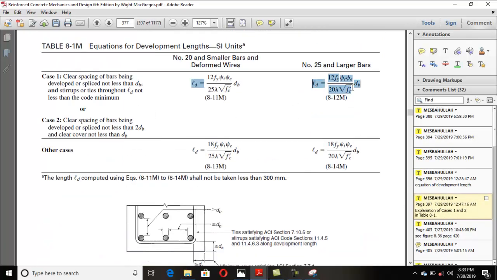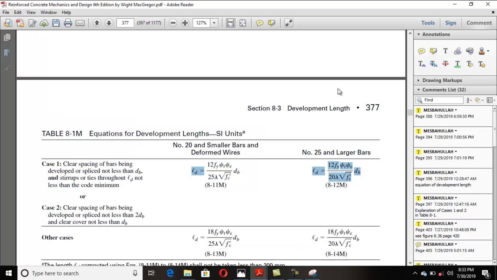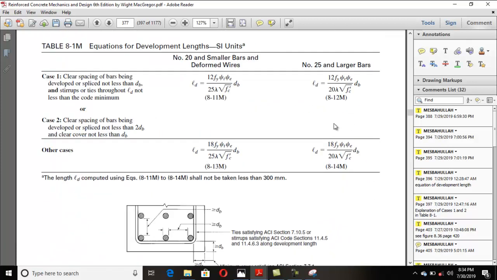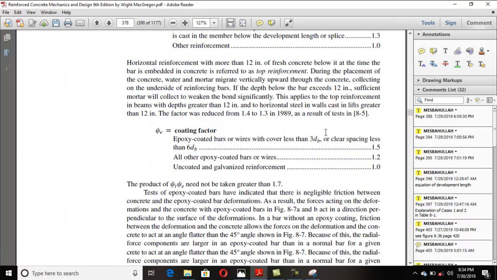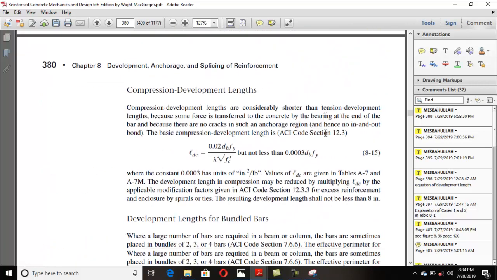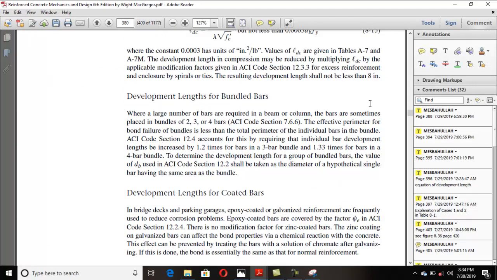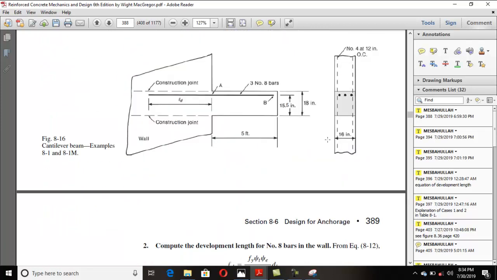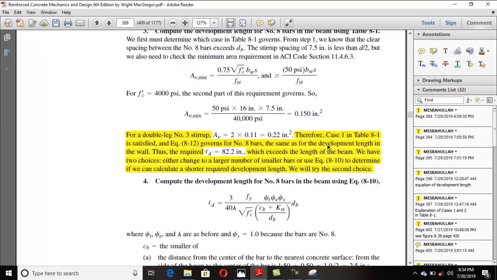This is the formula, in millimeter. You put the values in this formula, psi t psi e fy over 20 lambda sqrt(f'c) times db, and you will get ld, the required answer, that is 82.2 inches, which exceeds the length of the beam.